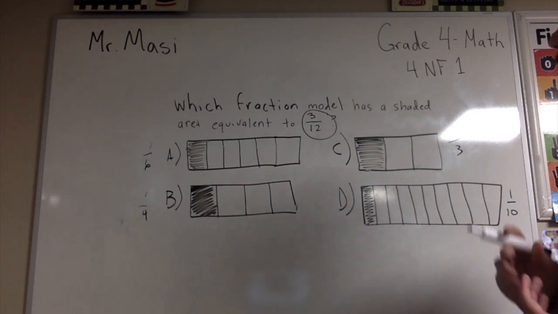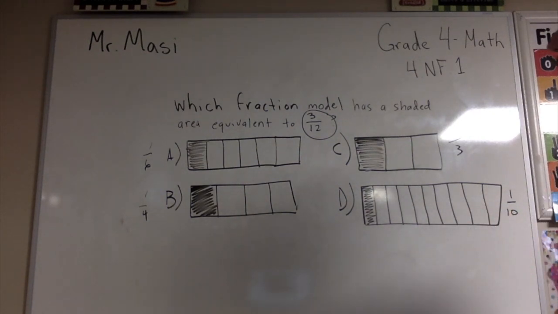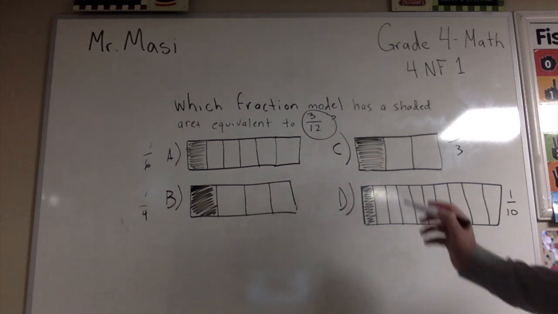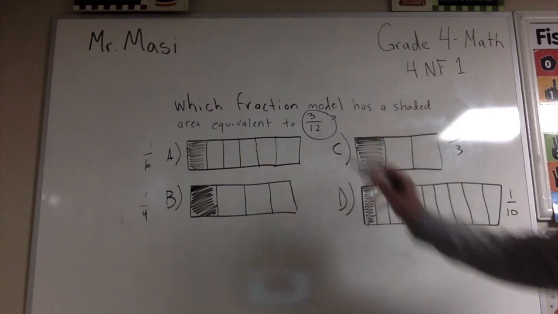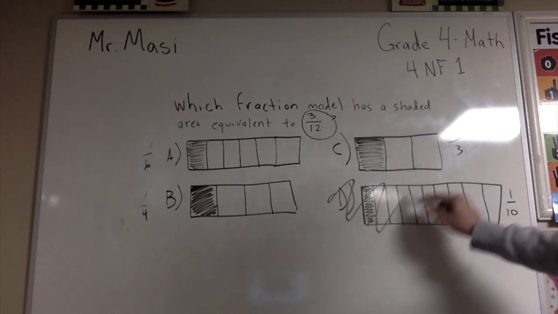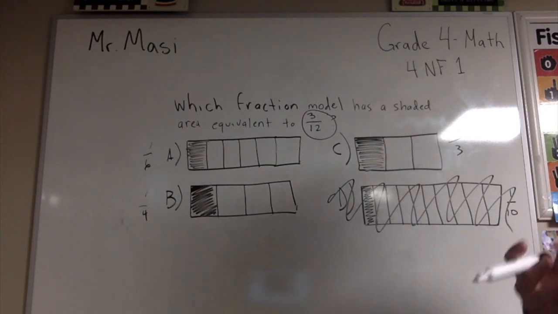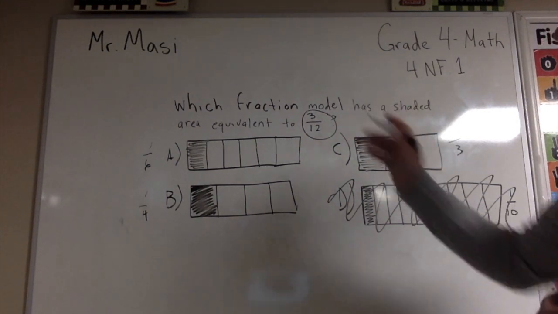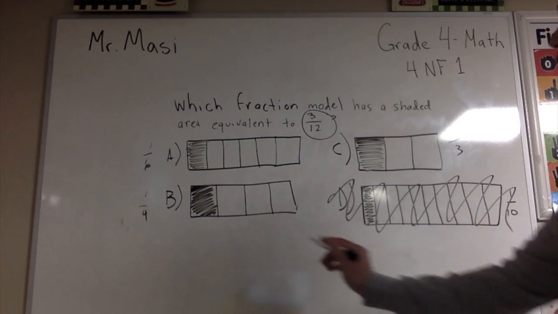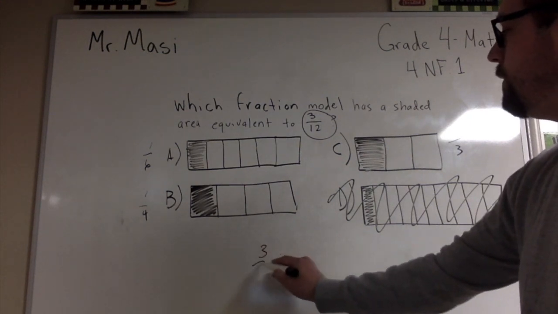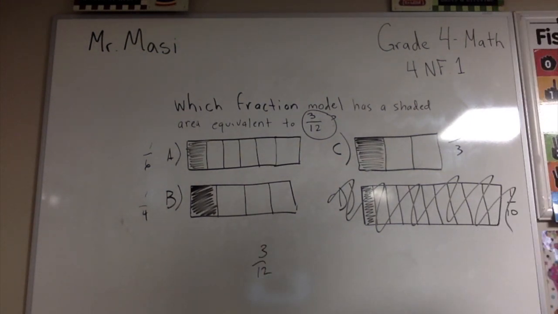Now, if I'm going to reduce this fraction, which I need to do, I can automatically eliminate one that I know definitely can't make sense. So I can't reduce 3/12 to 1/10. So I'm just going to cross that out, get rid of it, because that's not a logical answer for this question. So what I will do is I'll put my 3/12 down here, and let's see.